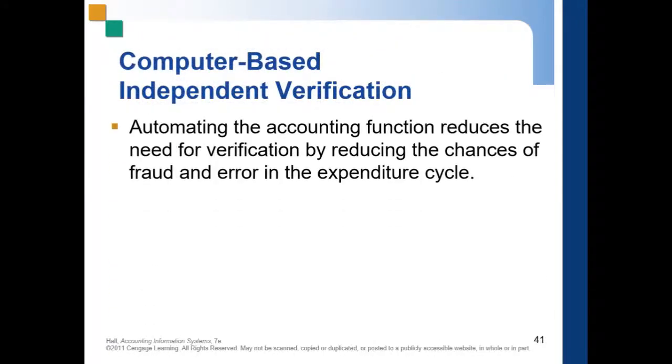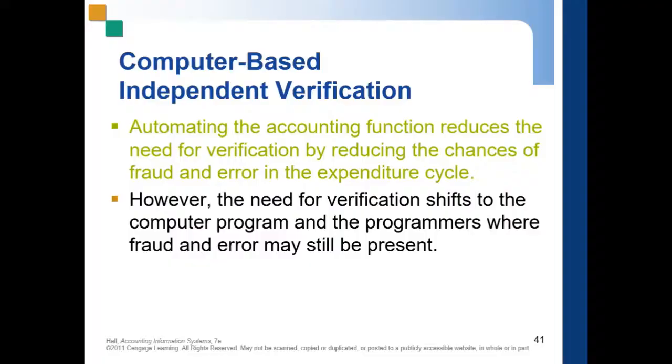Now, lastly, for a computer-based system, automating the accounting function reduces the need for verification by reducing the chances of fraud and error in the expenditure cycle, since again, the recording is automatic in the system. So the system does the matching.